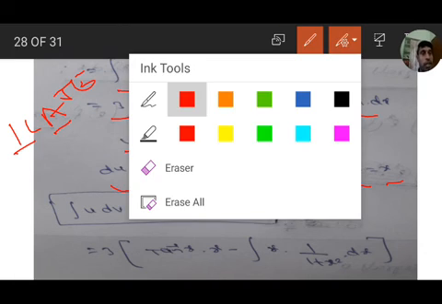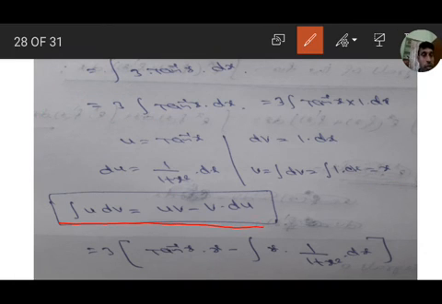Substitute in the formula: integration of u dv equals uv minus integration of v du.